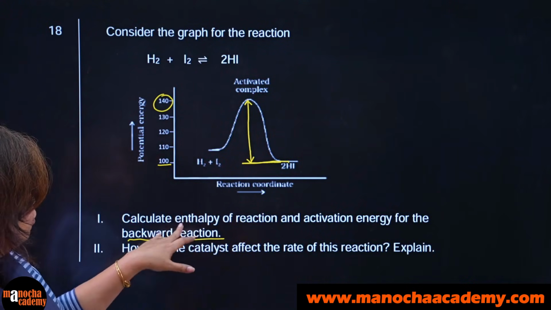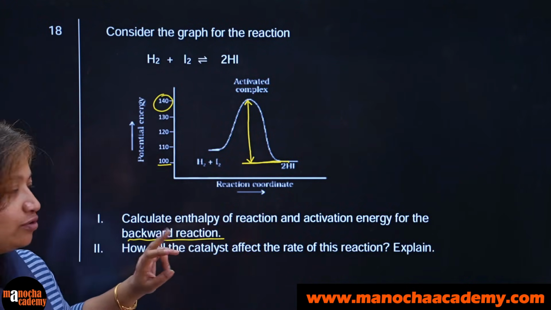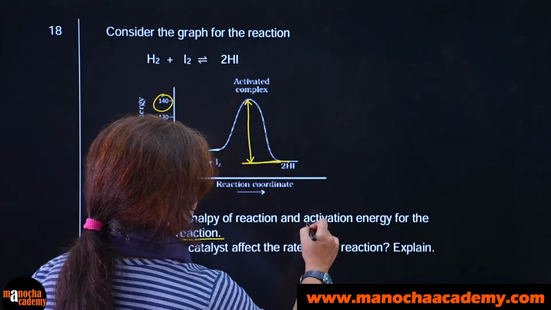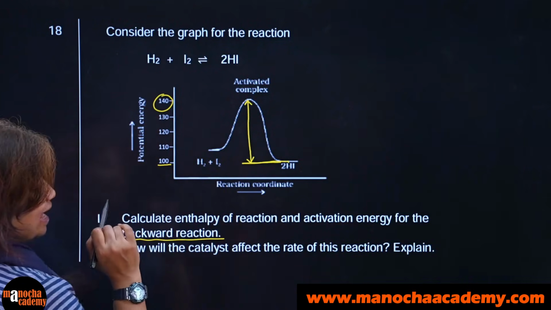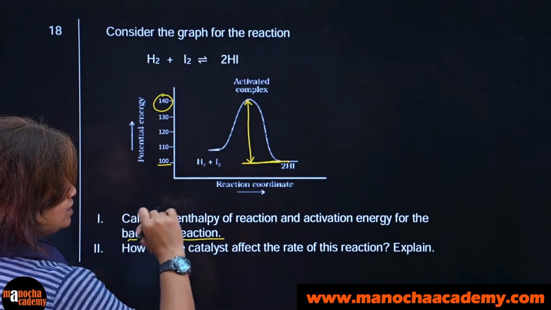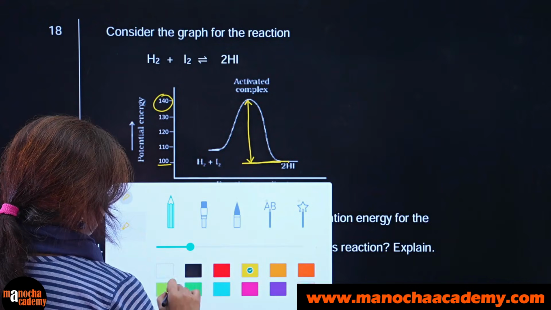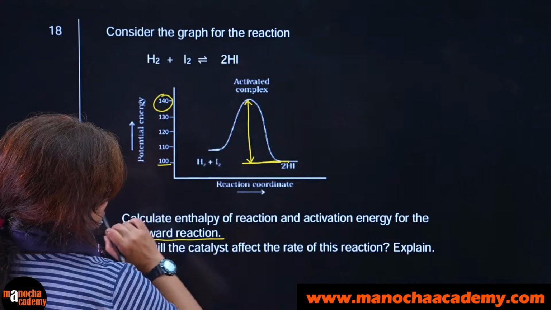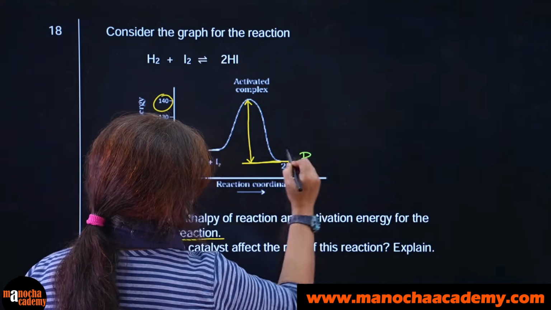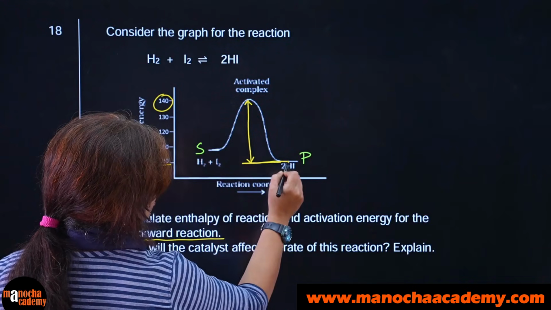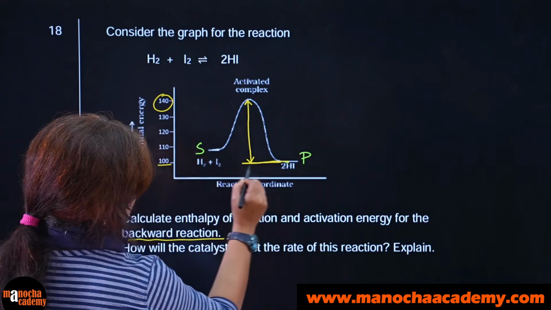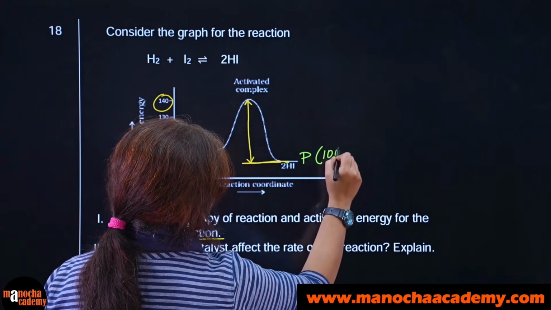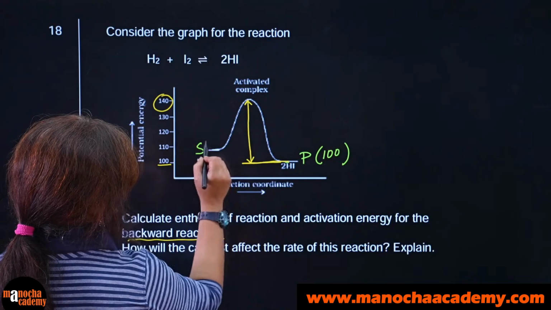So this calculation, enthalpy also is mentioned. No, I forgot that. I told only the activation energy is this. And the enthalpy, of course, I'm using a different color, green. This is the product. This is the starting material. The product energy, we know it's 100, and this is 110.